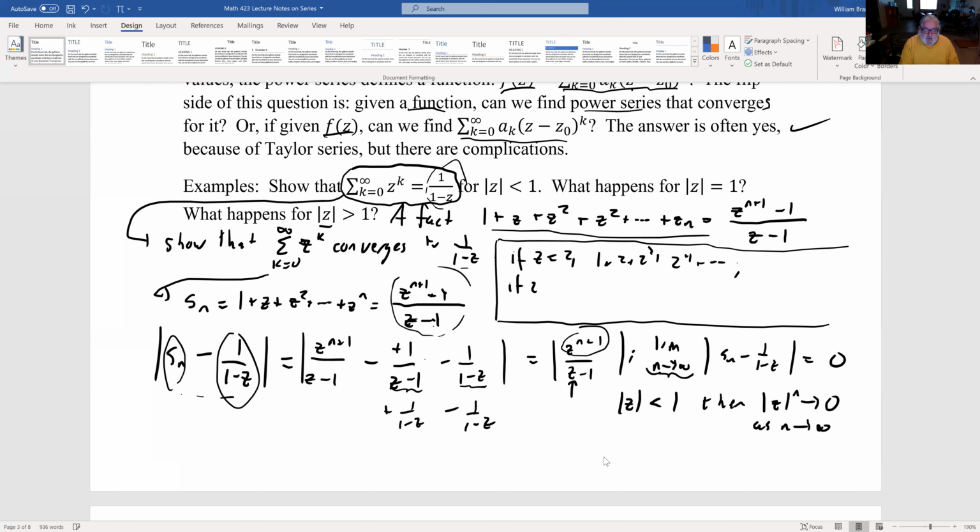If z equals 2i, you'd get 1 plus 2i plus 2i squared, which is minus 4, plus 2i cubed, which is minus 8i, plus, and now we get 2 to the 16th plus dot, dot, dot.